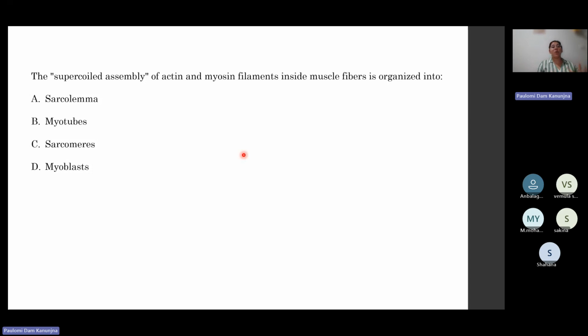So when you have a supercoiled assembly of actin and myosin filament inside the muscle fiber, what is that arrangement called?